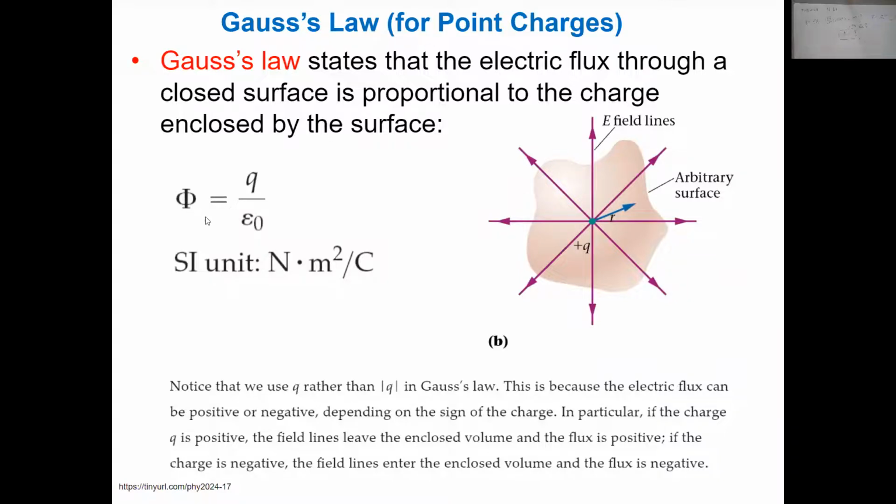So that's a second way of calculating flux. The first way is to use the definition, flux equals E times A times cosine theta. The second way is to use Gauss's law, flux equals the charge enclosed divided by epsilon naught, where epsilon naught is the constant.